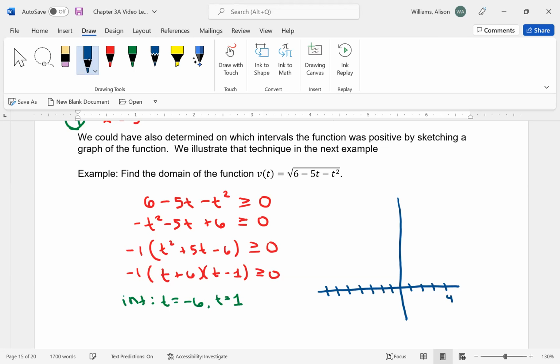That's fine. So here's what we got. It's going through -6 and 1. Those are the intercepts. And it's an upside down parabola because the leading coefficient is negative. So I'm not going to get too particular with the vertex right now. I'm just going to do a rough sketch. So very rough. That's what it's going to look like.